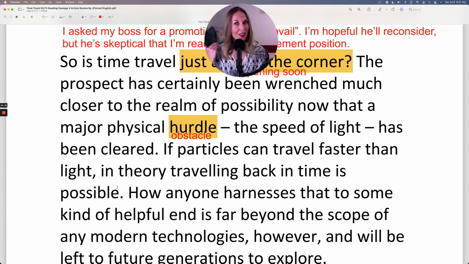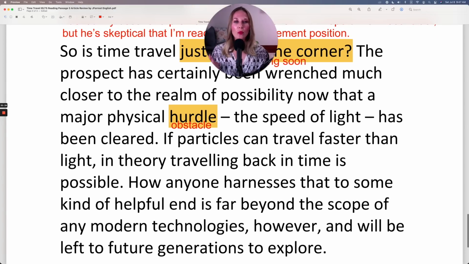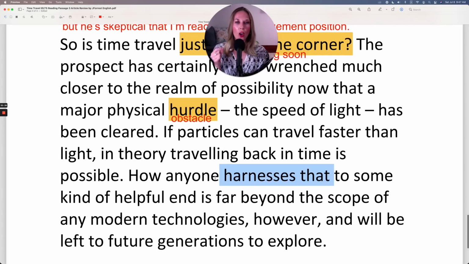That's unthinkable, isn't it? How anyone harnesses that. To harness something is when you use something successfully. For example, we have now harnessed the power of the sun through solar panels.